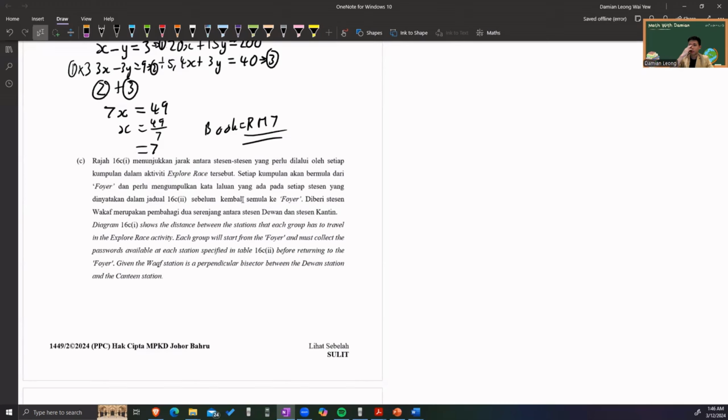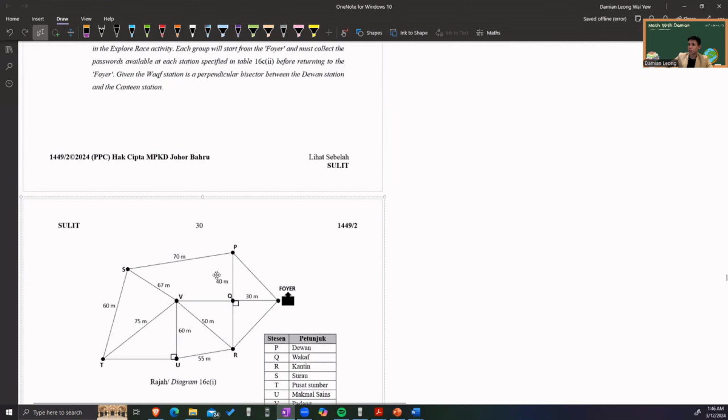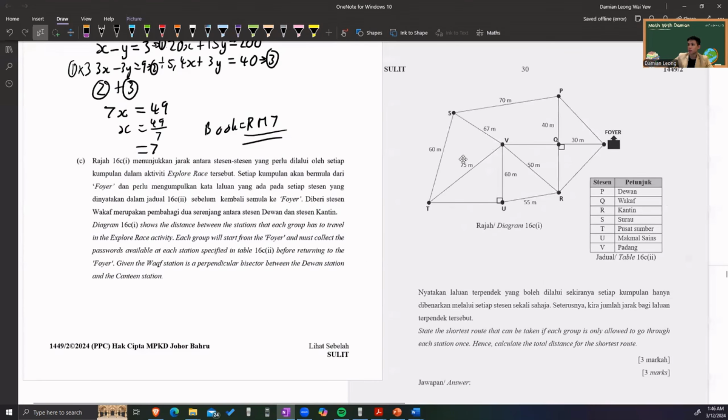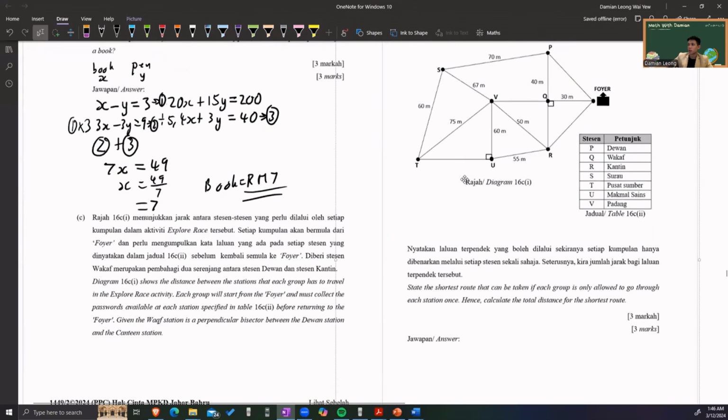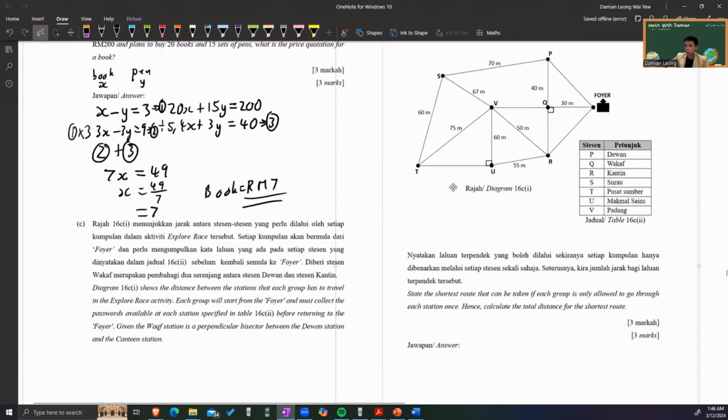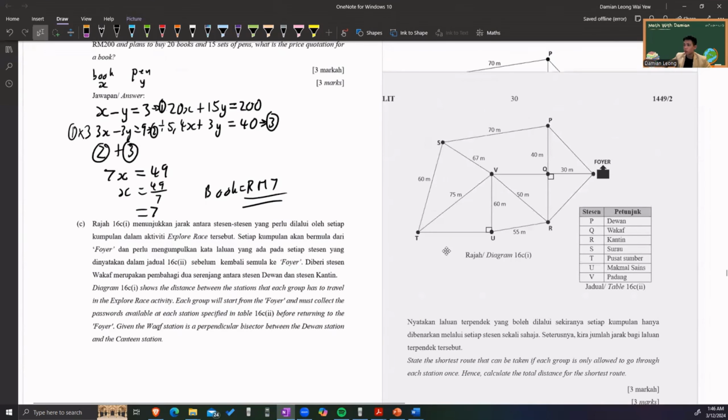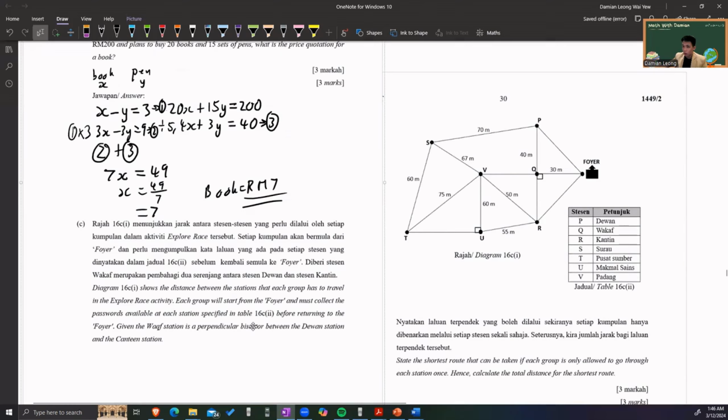Then part C. Diagram 16C1 shows the distance between the stations. Yeah, here. Each group will start from the foyer, okay, and must collect the passwords available at each of the stations, okay, before returning to the foyer.